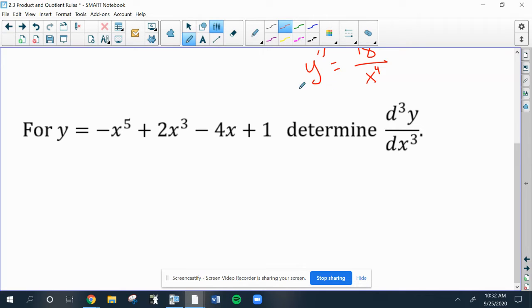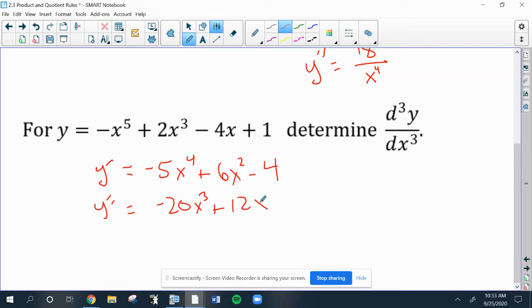Okay, so if you pause and you're back, here we go. This means the third derivative. So you take the first derivative. I'm not going to write it in Leibniz notation just because it's more writing. Now we go to the second derivative. Now we go to the third.